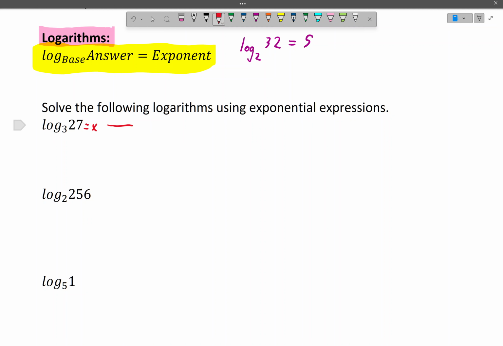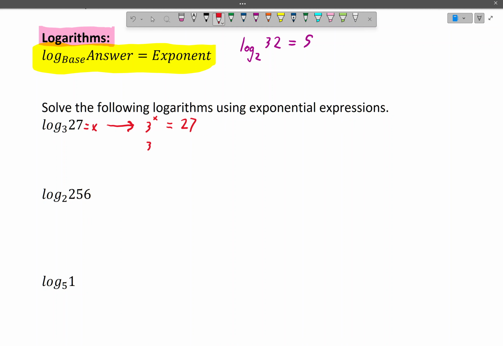What we're going to do is rearrange it into an exponential equation. So 3 to the x equals 27, because it's just the rearranged version of what we saw with the log. Log equals the exponent, and now the exponent is our x.